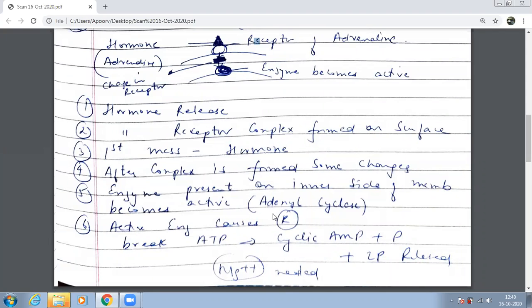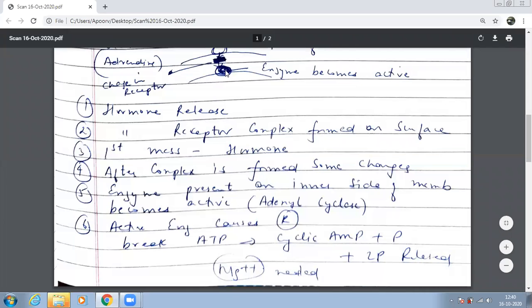Let me go through the steps again very quickly. Hormone is released. Hormone will bind to the receptor. A complex will be formed, which is known as the hormone-receptor complex. Your first messenger was? Hormone. After the complex is formed, there are some changes in the receptor, because of which the enzyme present on the inner side becomes active. I have shown this enzyme over here, the dark one.